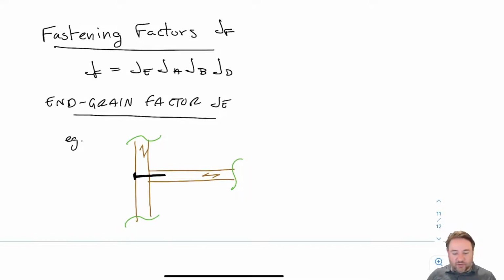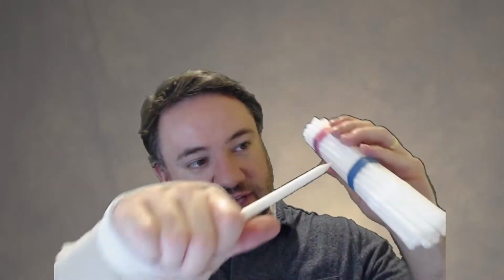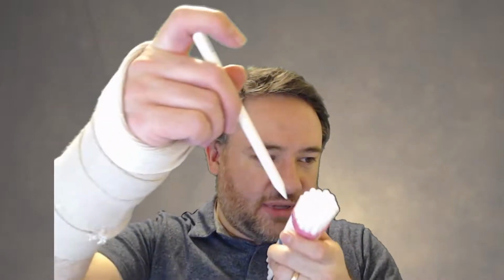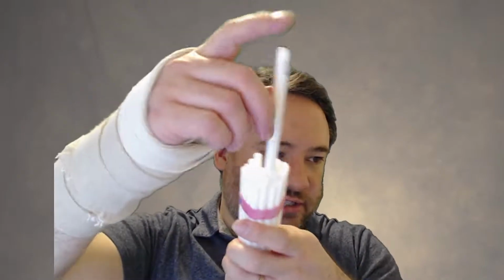Why? If I have my bundle of straws here, and I nail into the side of that bundle of straws, I get good friction behavior. Everything is held nice and tight. Now you can imagine that if I am nailing into the end of the bundle, I don't want to go inside the straw, but in between the straws.